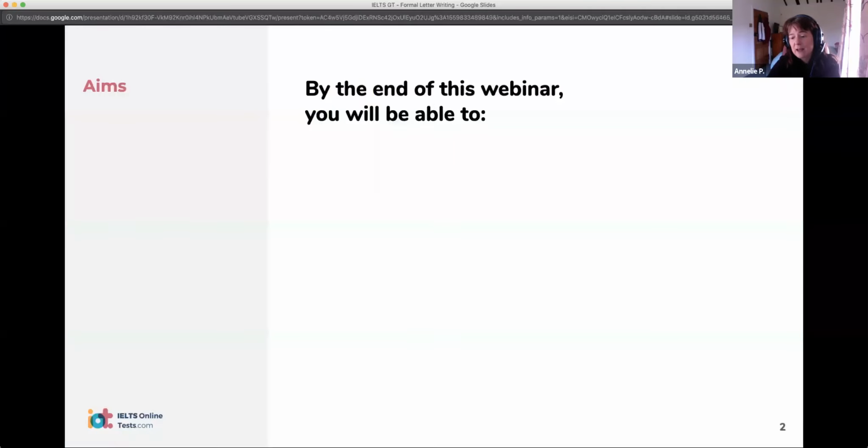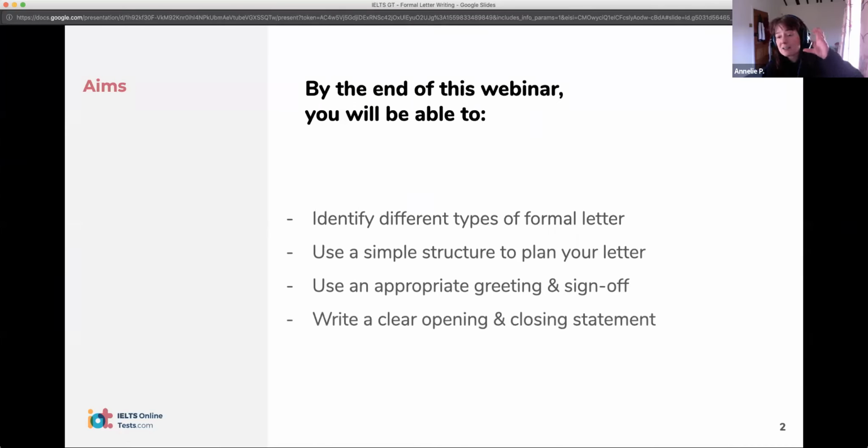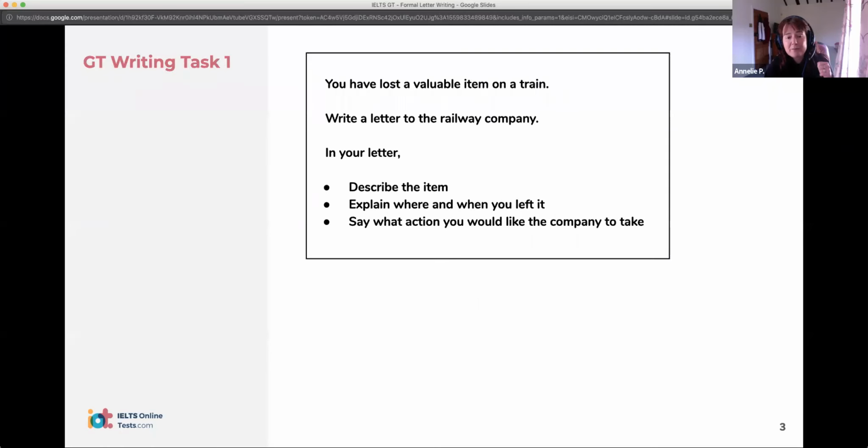Some of the things we're going to do is look at how to plan your letter, the different parts that you need to include, and the letter conventions that you need to follow. Very important for the task achievement. And some of the differences between formal ways of writing letters and more informal ways of writing letters.